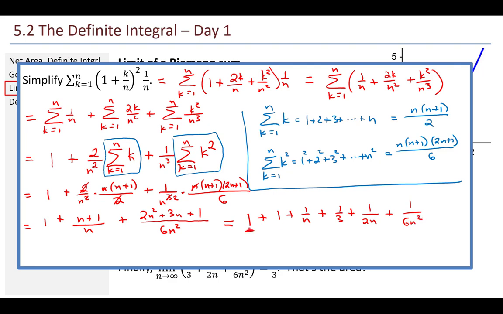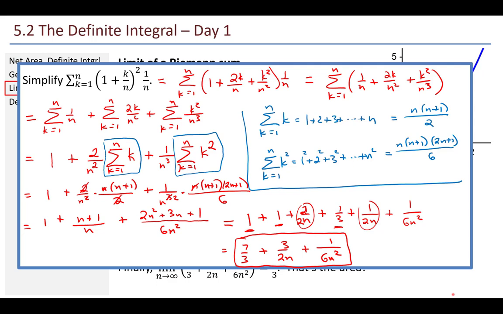It looks like some constants are the 1, and the 1/3, so that's 7/3. I also have a 1 over n and a 1 over 2n. This 1 over n, I can call that 2 over 2n. Combine those together, I get 3 over 2n. And lastly, I'm left with the 1 over 6n squared. And that is it. That was the simplification that I needed. That's how the summation simplifies.